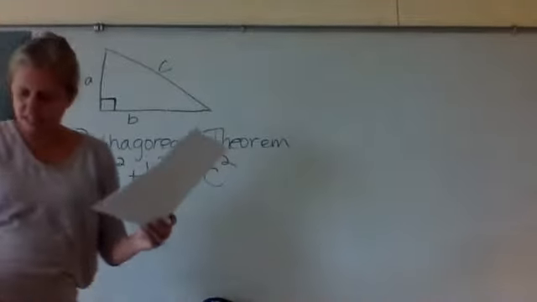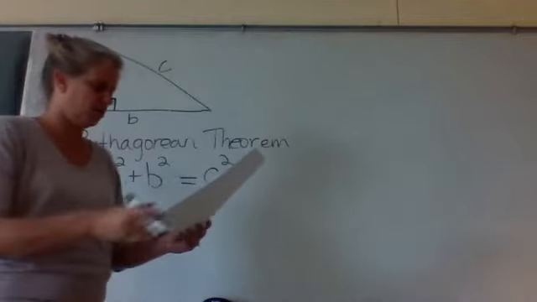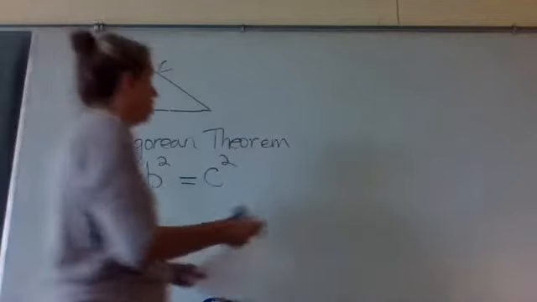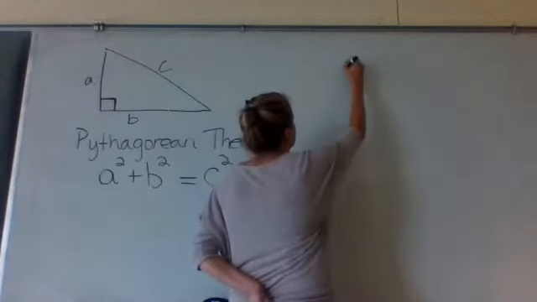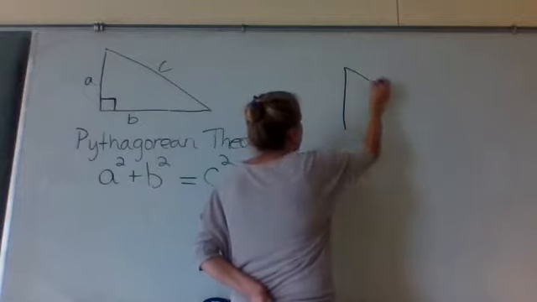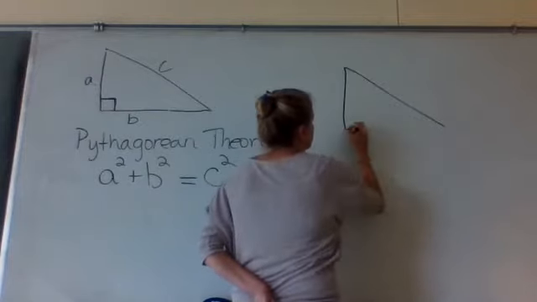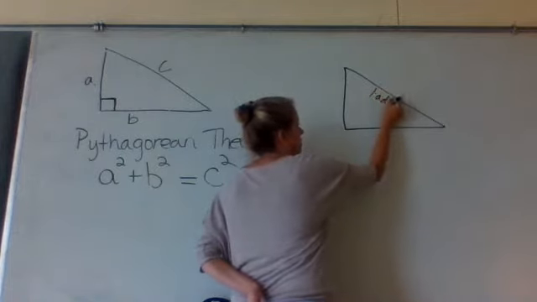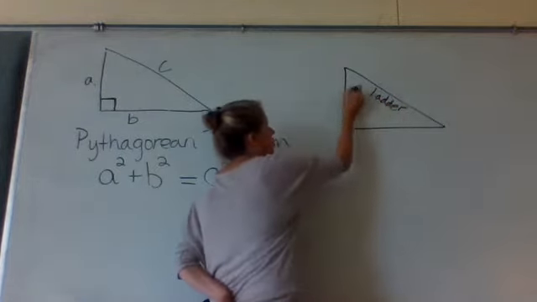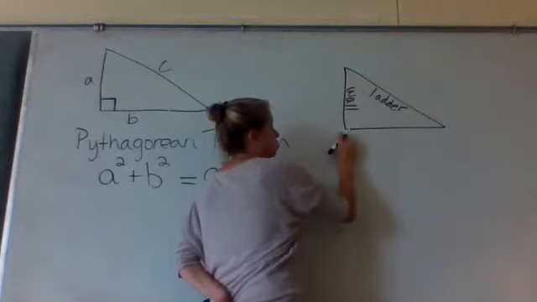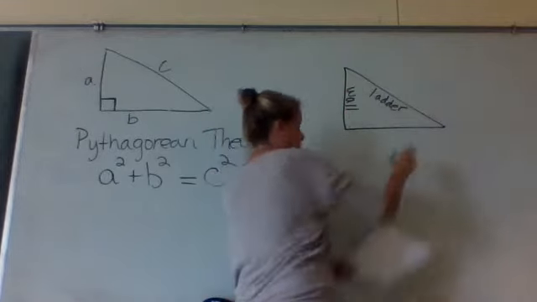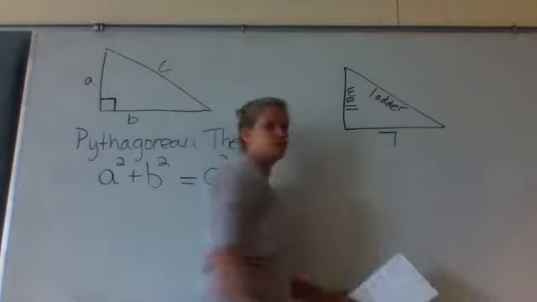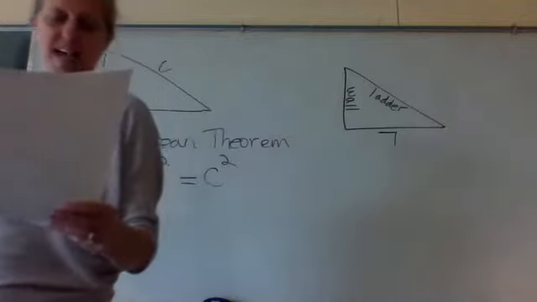So this one says the foot of an extension ladder, so we've got an extension ladder, is 7 feet from a wall. So here's the wall. Here's the ladder. So from the base of the wall to the bottom of the ladder is 7 feet. So it tells you that side right there is 7.